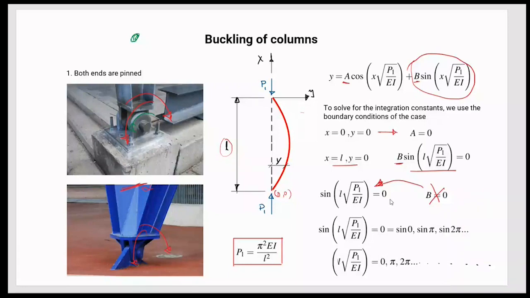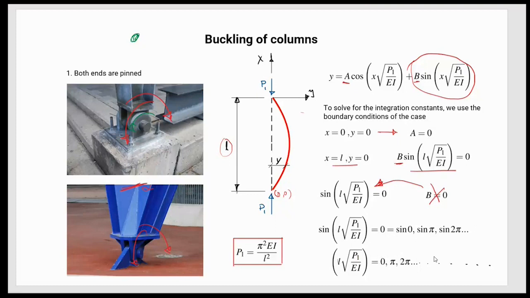I need to know what makes the sine of this term here equal to 0. If I want this to equal 0, then sine has to be equal to 0, or sine of pi, or sine of 2 pi, and so on. Which means that this internal element is going to be 0, pi, or 2 pi, and so on.